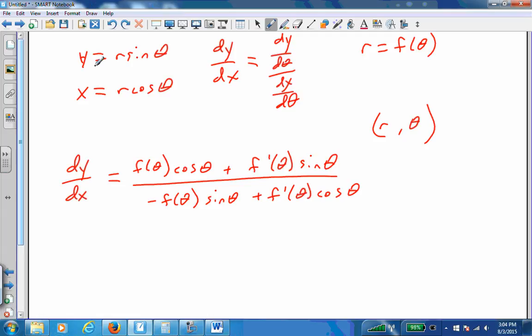So if we take the derivative of that, divided by the derivative of that one with respect to theta, where r is actually a function of theta.